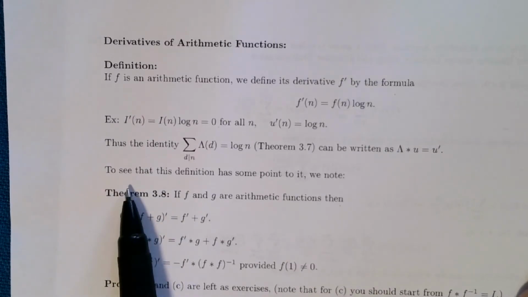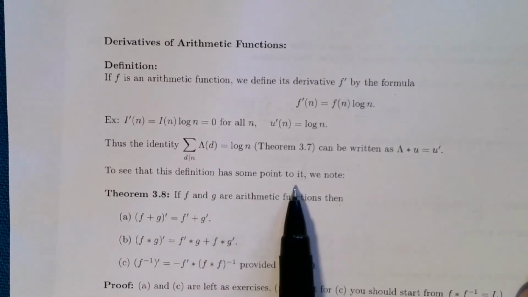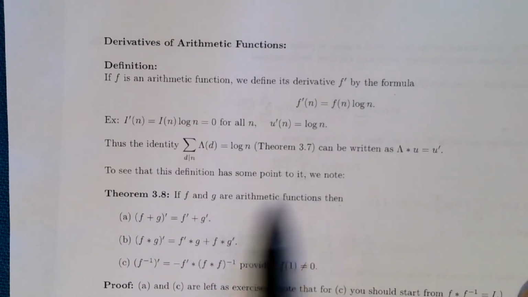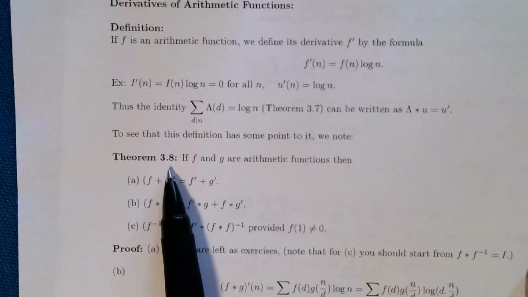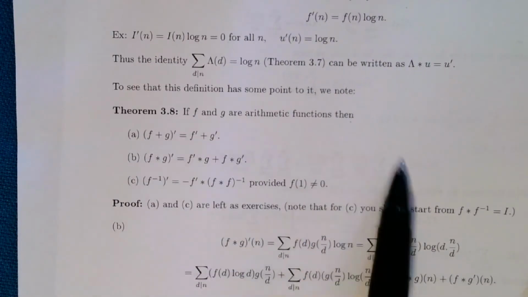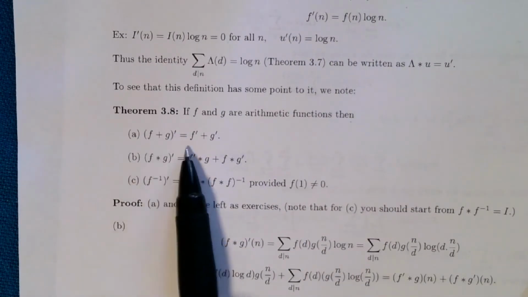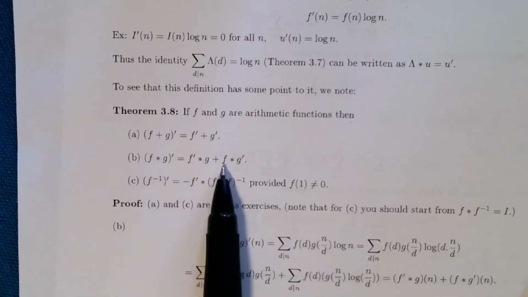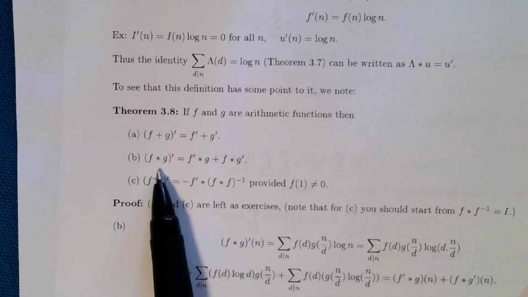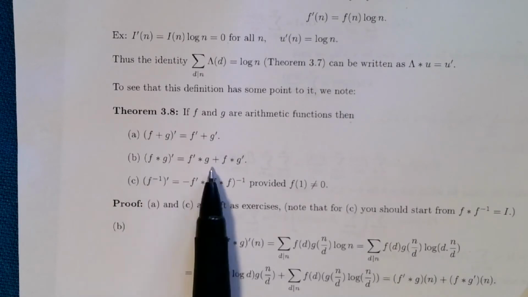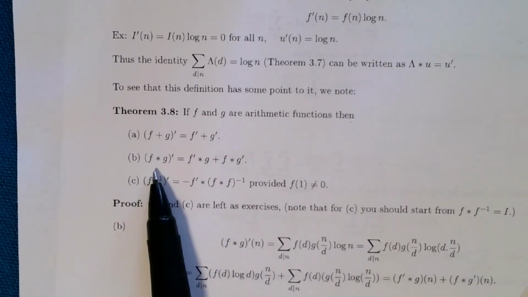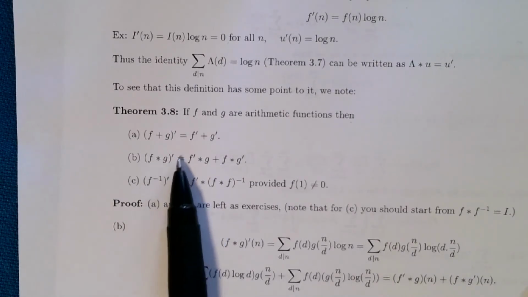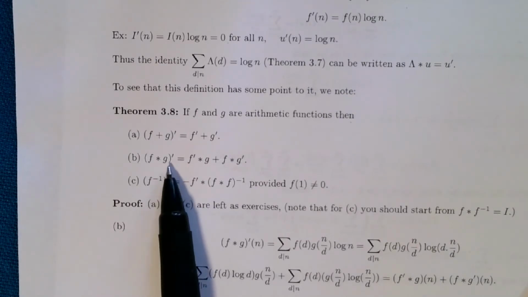So to see that this definition has some point to it, we note the following result, theorem 3.8. If you take any arithmetic functions, then the derivative of the sum is the sum of the derivatives, which is easy to prove. Now this one should jump out at you. This is the product rule. If this was ordinary calculus, this is just the product rule, and the product rule still holds for this Dirichlet multiplication and for this new version of the derivative.